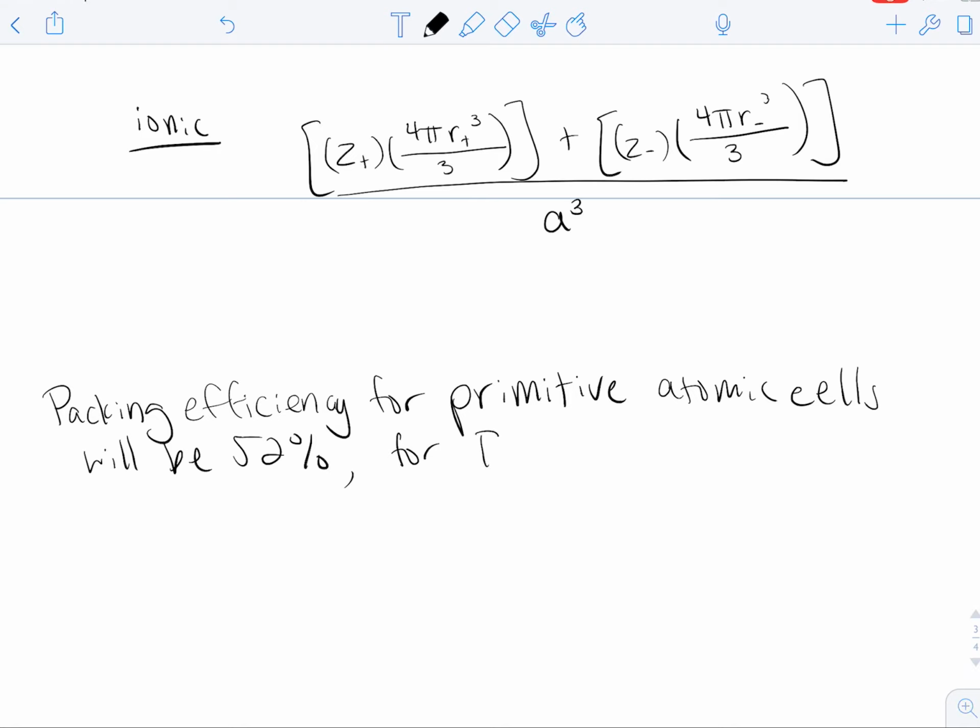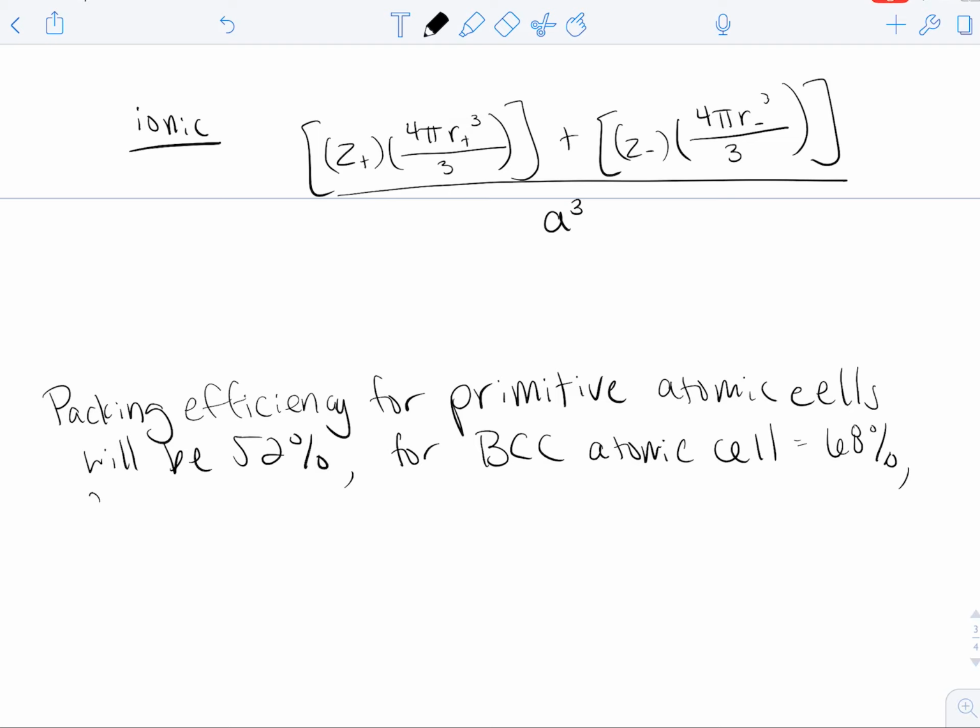For body-centered cubic atomic cells, 68%.